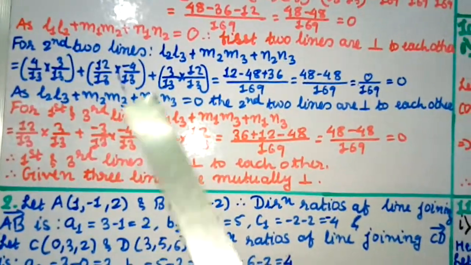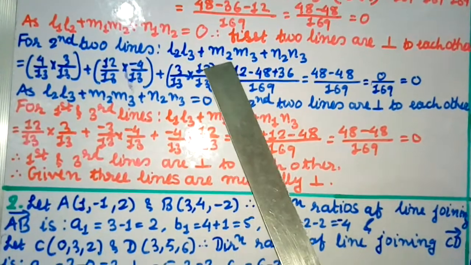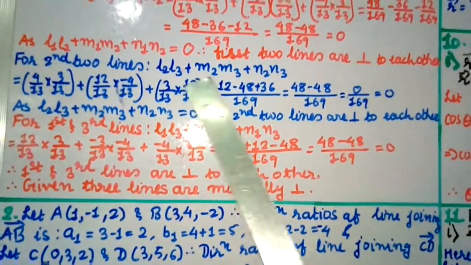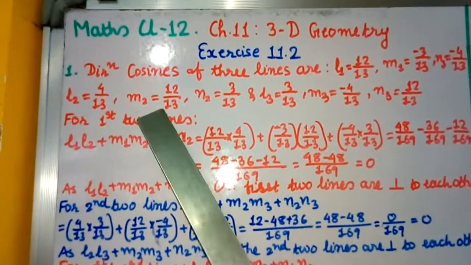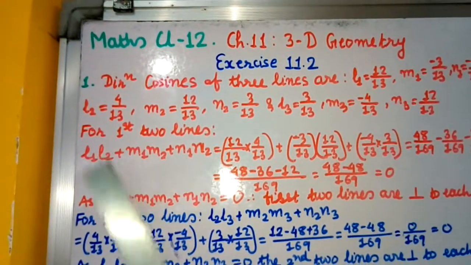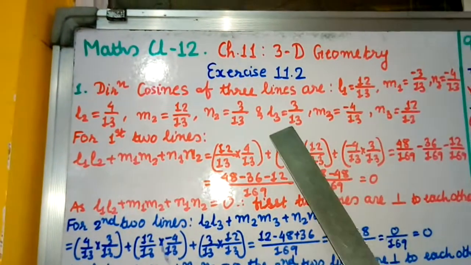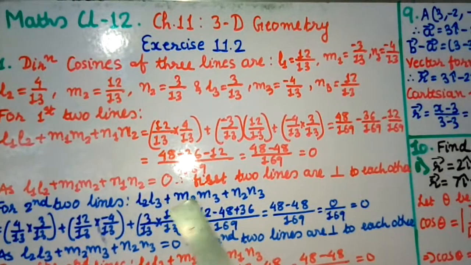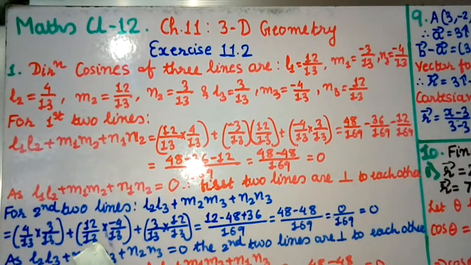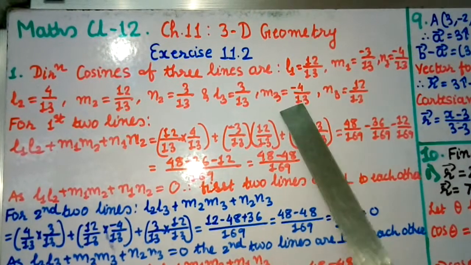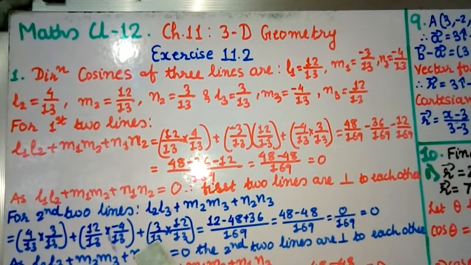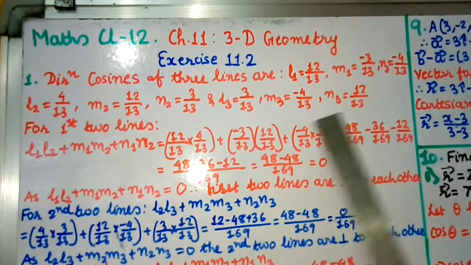For the second two lines also, we'll check L2L3 plus M2M3 plus N2N3. So we place the values as before, 4/13 into 3/13, plus M2M3, so M2 is 12/13 into -4/13, plus N2N3, so 3/13 into 12/13.